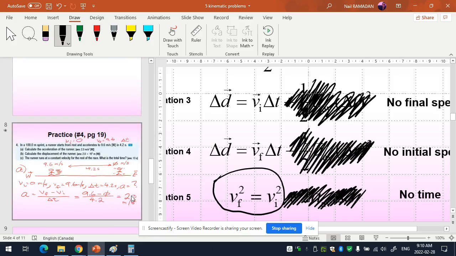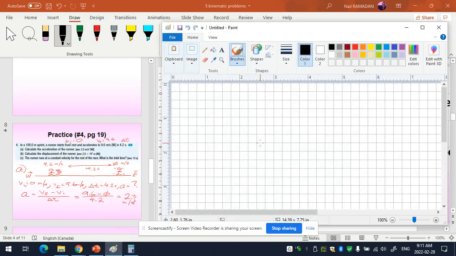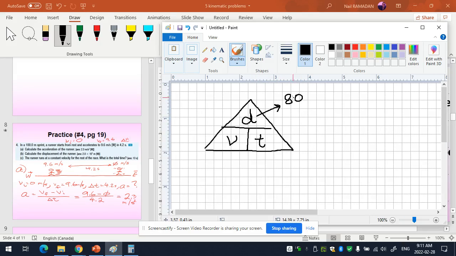So now, new. I can just do this: D, V, T. Again, everyone, what's the distance they have to go through now until the end of the race? 80 meters. So this one is going to be 80. And they're going to cruise control it at what speed? Whatever they have to maintain, so 9.6 meters per second.